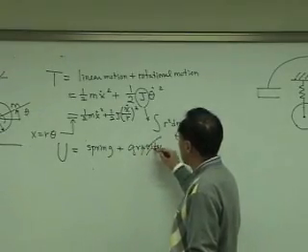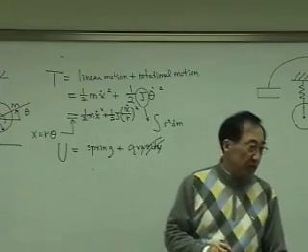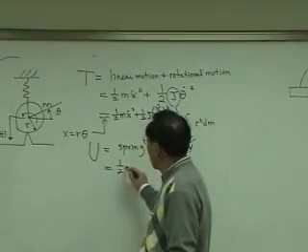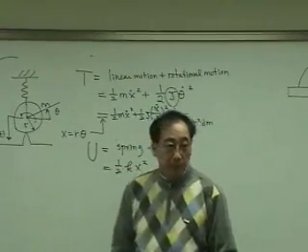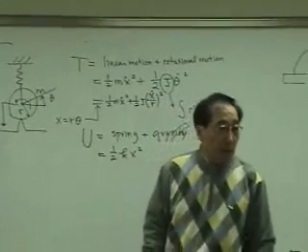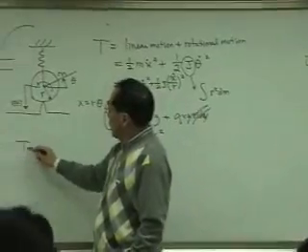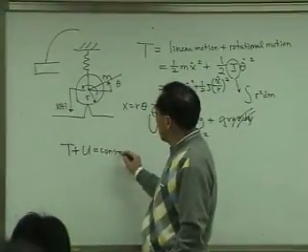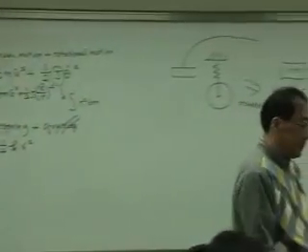But this is assumed to be negligible compared with the potential energy of the linear spring, and that can be written as 1/2 k x squared. Now, I say the kinetic energy plus potential energy is constant. We can again obtain the governing equation.